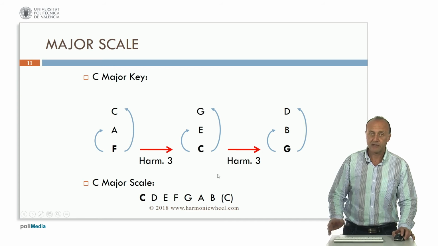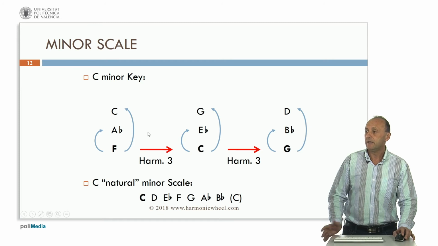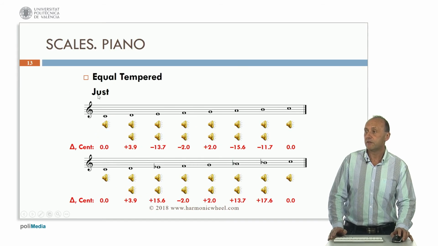Now, a major key is built from 3 major chords, which are related by a harmonic 3, as I explained in other presentation. And the C minor scale, C natural minor scale, is built from 3 minor chords, which are related by a harmonic 3. Let's listen to both scales in the two systems.